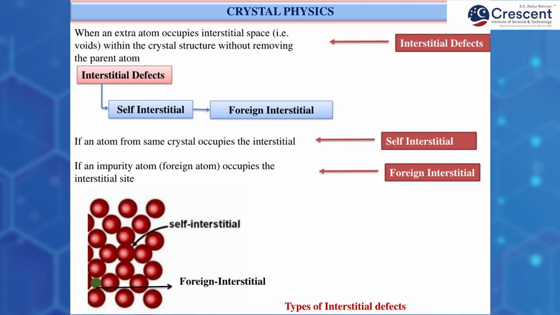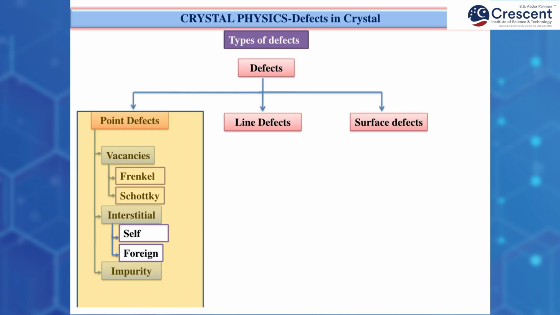So for the interstitial you can have two categories: one is the self-interstitial, the other one is a foreign interstitial, as shown in the diagram.